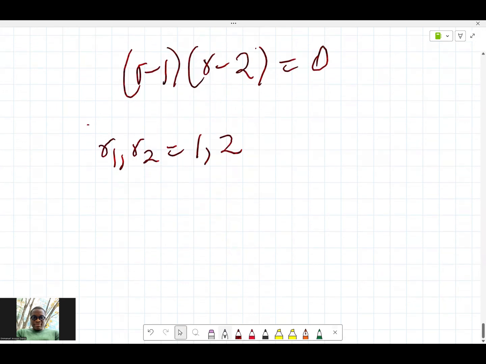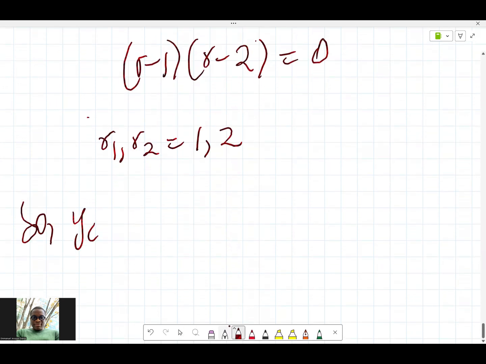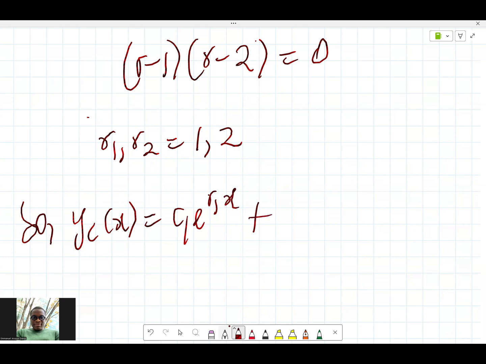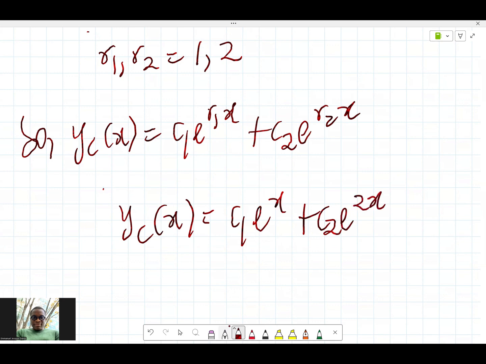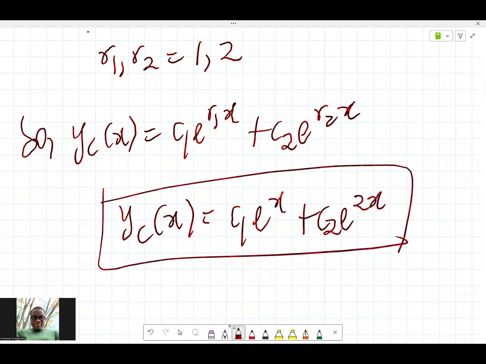So yc of x would be c1 e raised to the power r1x plus c2 e raised to the power r2x. So yc of x again is c1 e raised to the power x plus c2 e raised to the power 2x, because r1 is 1 and r2 is 2.